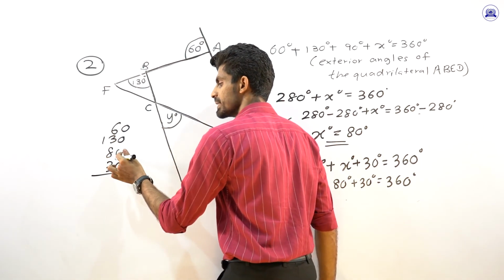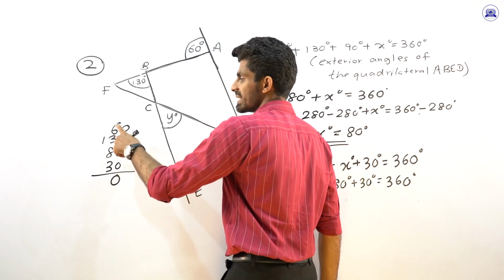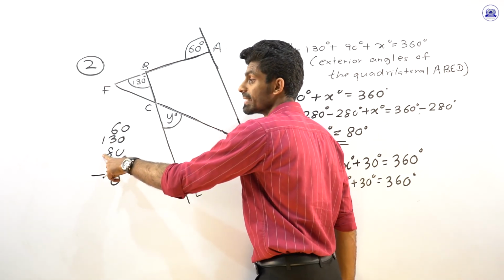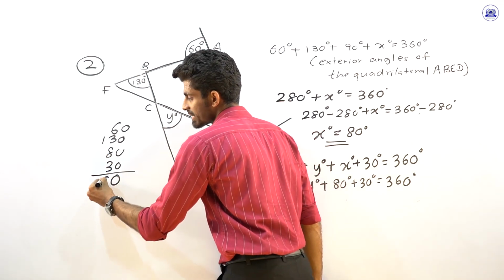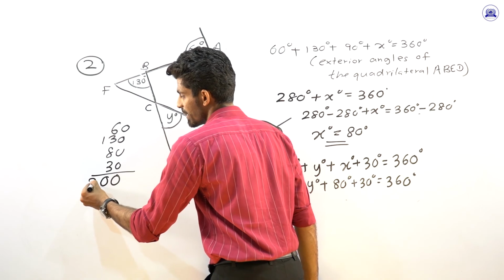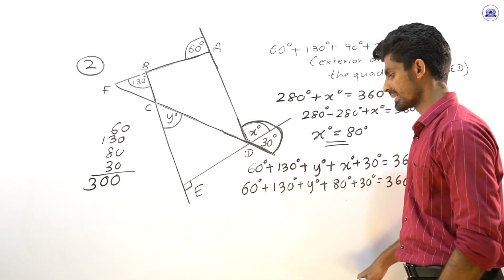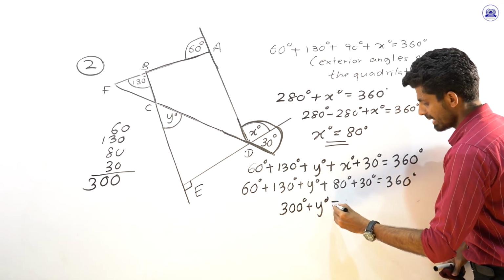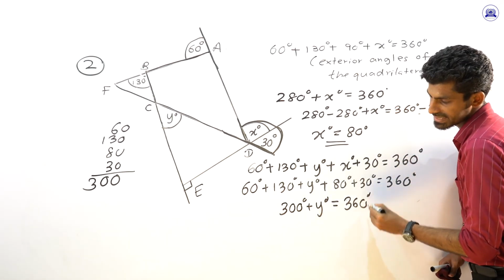Adding them up gives 300. So 300 plus y equals 360.